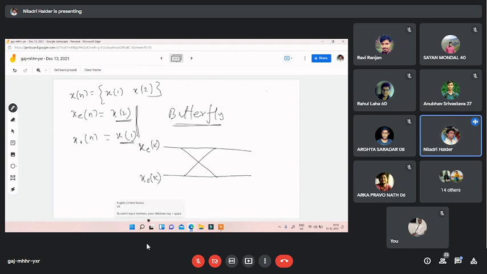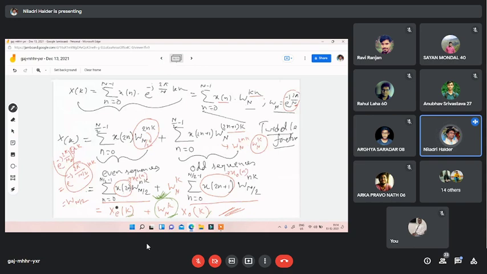Okay. That line and that line has its individual value. That value is defined as +1 and -1, and that value you have got WNK.